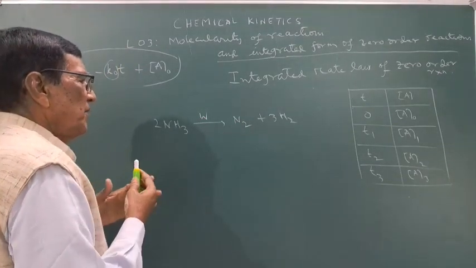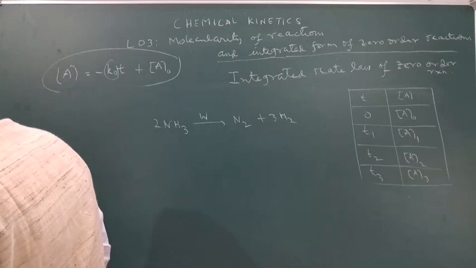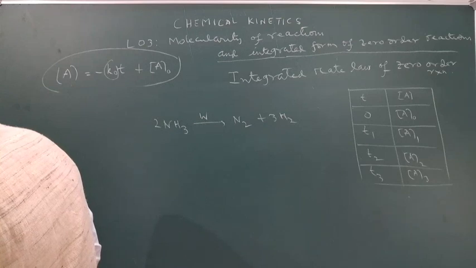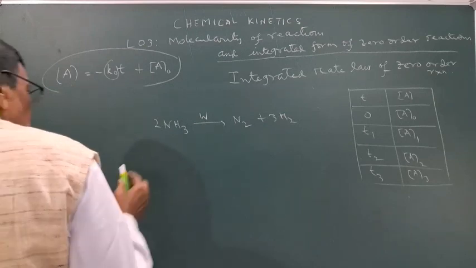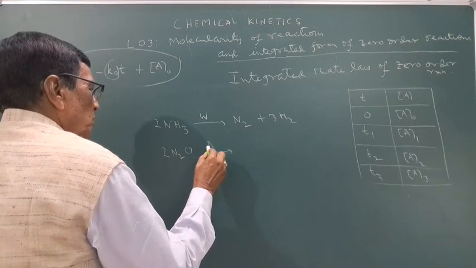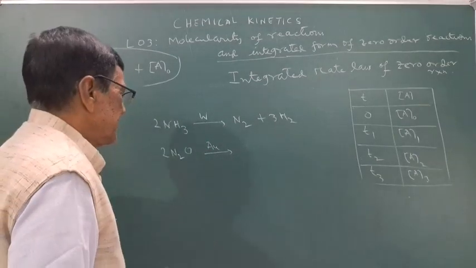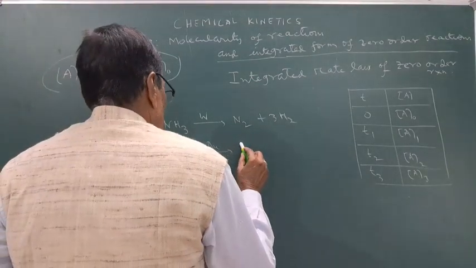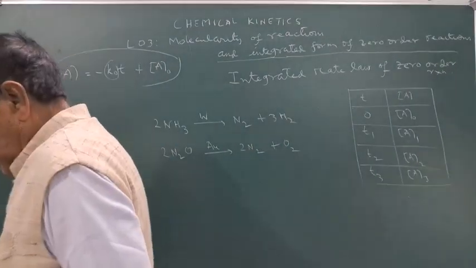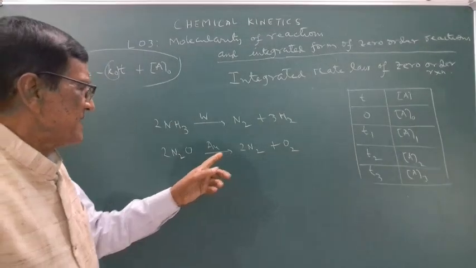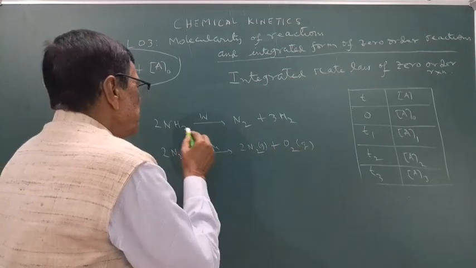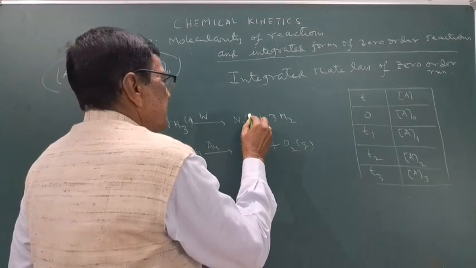Another example: 2N2O, and gold powder is the catalyst. In this case, 2N2 plus O2. So these are decompositions, and all of these are gases.